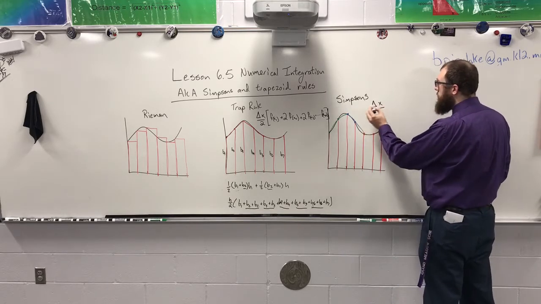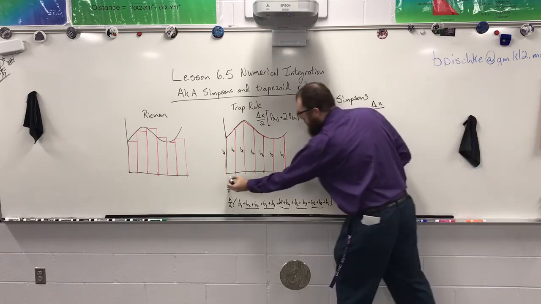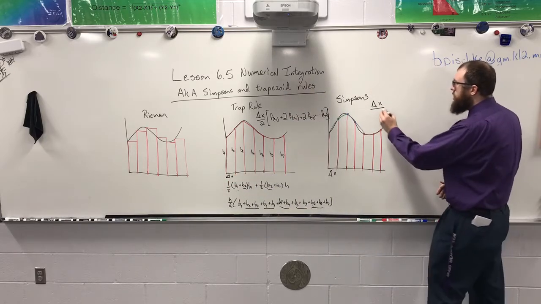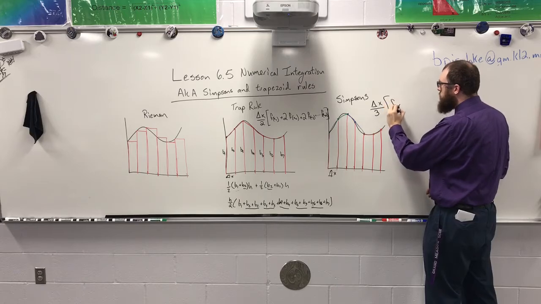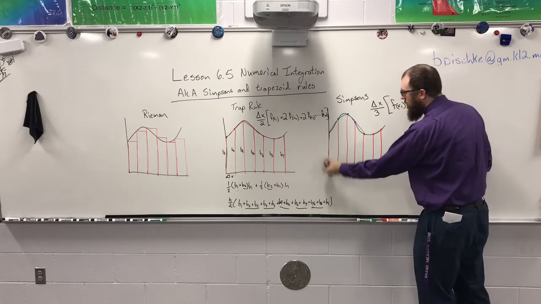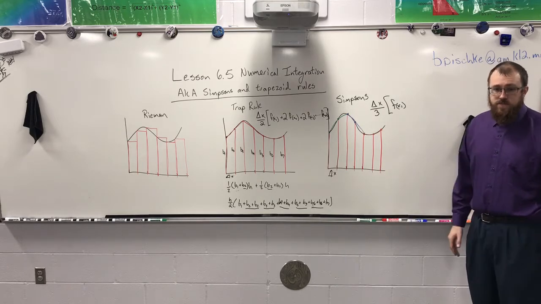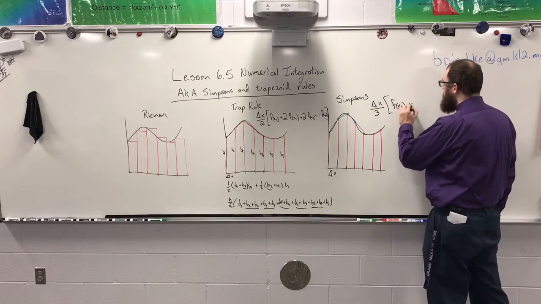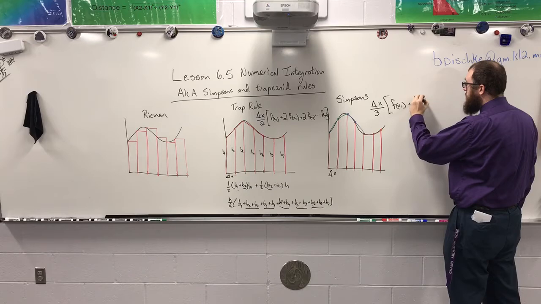Now Simpson's rule is delta x, which is the width, whatever your width is here, divided by 3 times f(x1). I only have one base on the front. Now, the really tricky thing about Simpson's rule is the second base will actually get used 4 times.